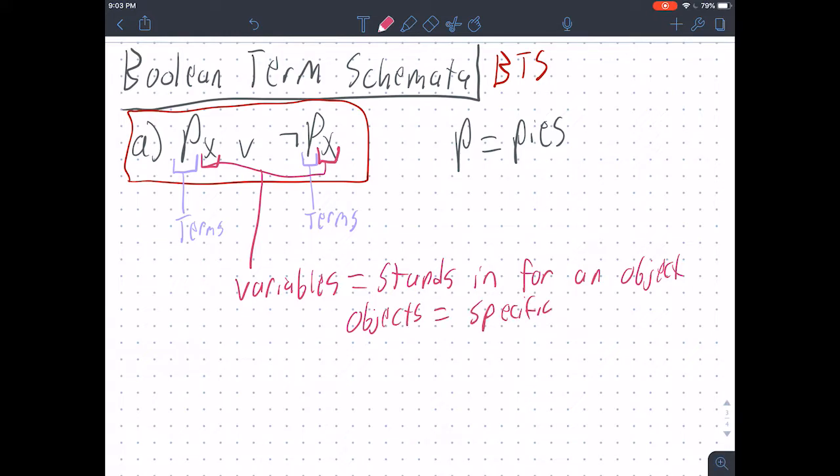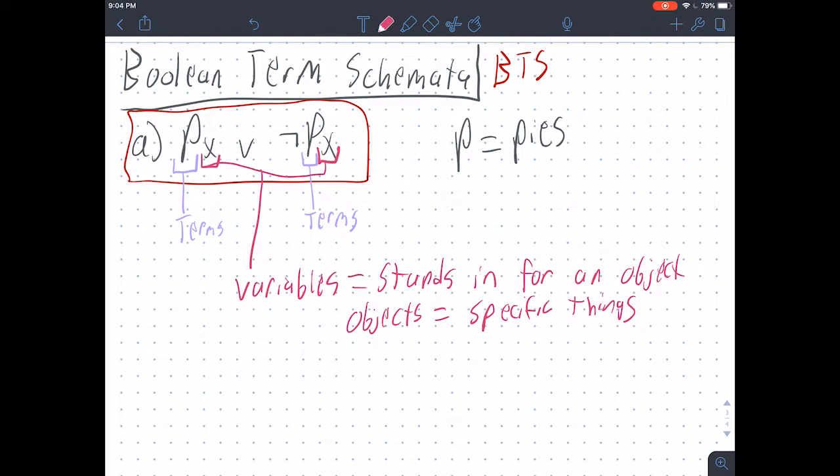That's not a technical definition, but frequently, and especially when we're dealing with Boolean schemata, we're not usually going to say which object we're talking about. We're really just more concerned about validity, consistency, inconsistency, and for that we don't need to know what English sentence our schema corresponds to.